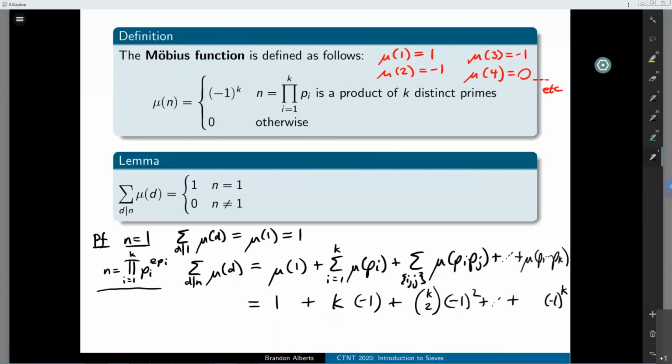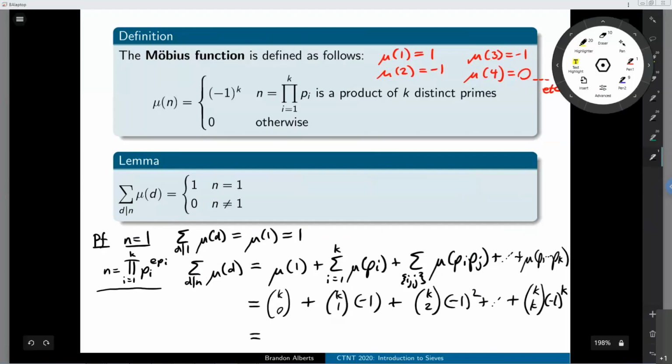And we might start recognizing, well, k, that's the same thing as k choose 1. We could write a k choose k right here. That's times 1. 1 here is the same thing as k choose 0. This exactly matches the decomposition that's found in the binomial theorem.